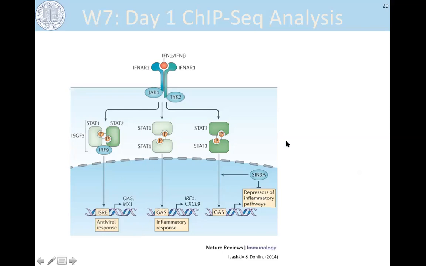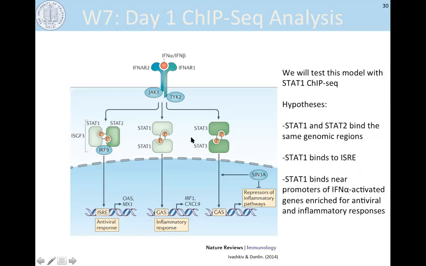So just based on this model, we are going to test some hypotheses. We are going to test the hypothesis that STAT1 and STAT2 bind the same genomic region since they are in the same complex.